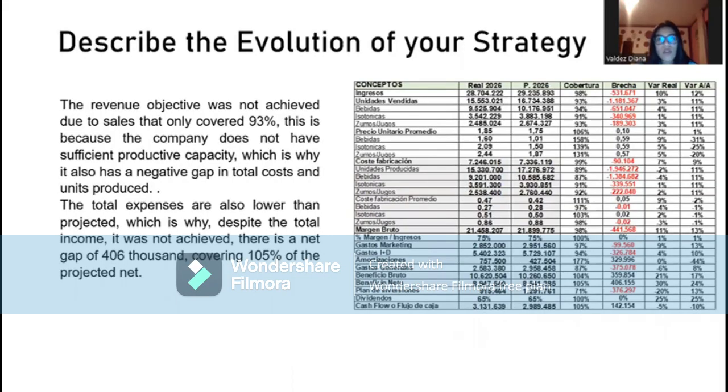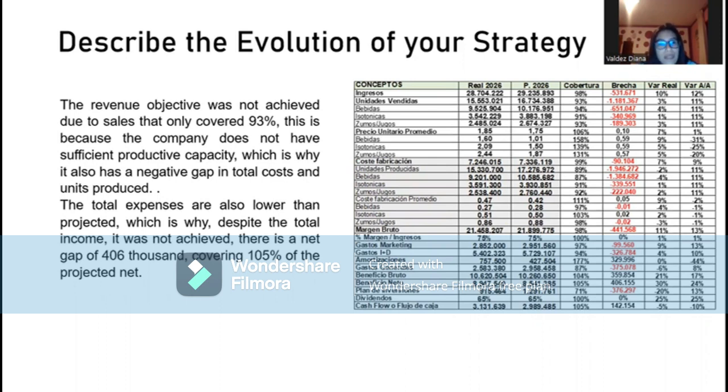Describe the evolution of your strategy. The revenue objective was not achieved due to sales that only covered 93%. This is because the company does not have sufficient productive capacity, which is why it also has a negative gap in total cost and units produced.